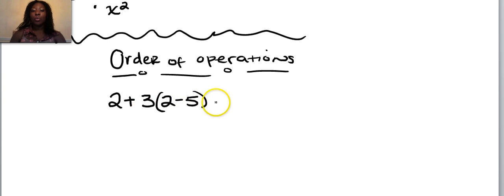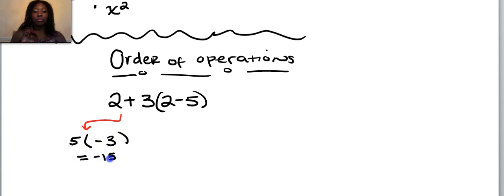How would you do this problem? Well, somebody could look at this problem and say, okay, 2 plus 3 is 5. 5 times 2 minus 5, well, 2 minus 5 is negative 3, so the answer is negative 15.